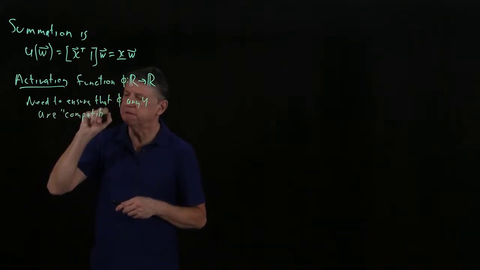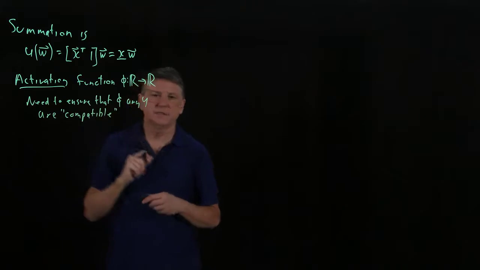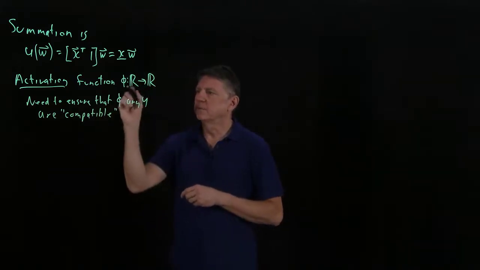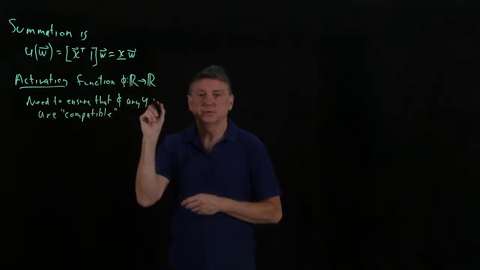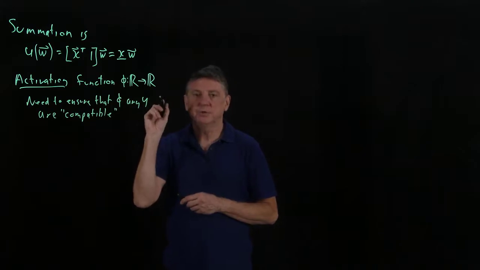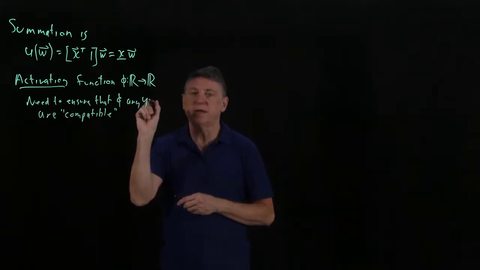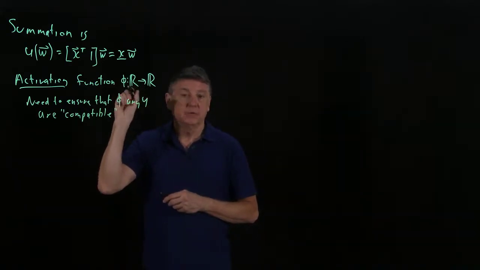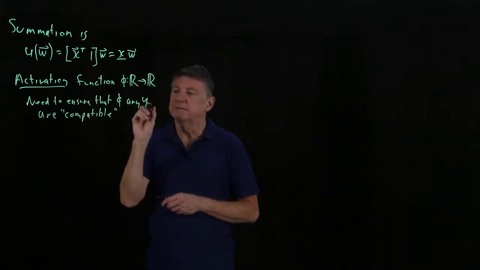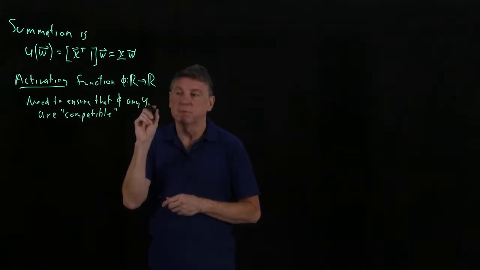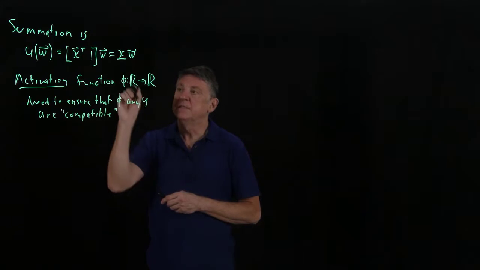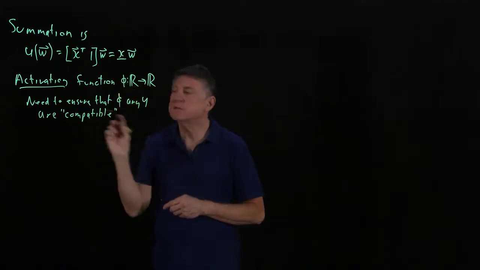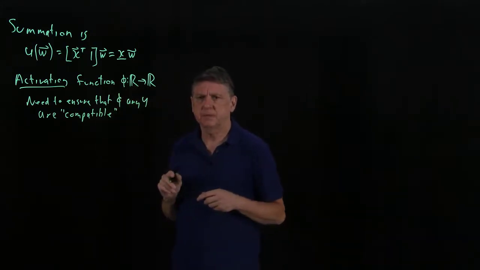For example, in artificial neural networks, the convention is that y is binary, 0 or 1, and we then try to have this function bounded between 0 and 1. If the labels were -1 and +1, then we would have different bounds. So that's what we mean by compatibility.